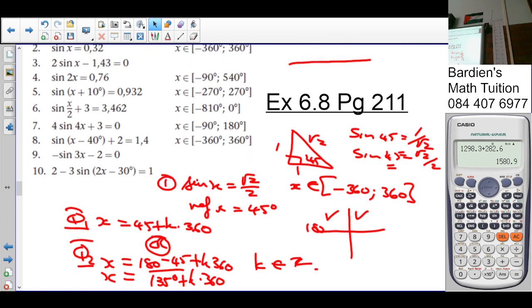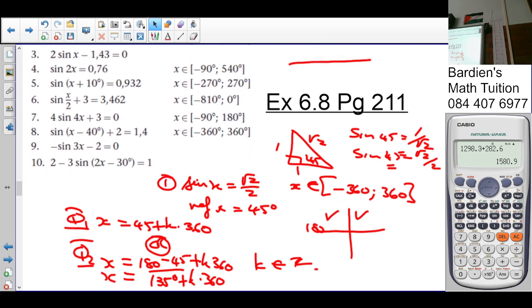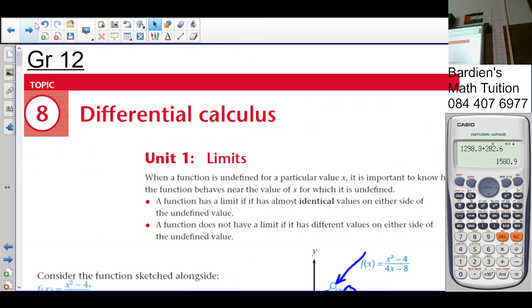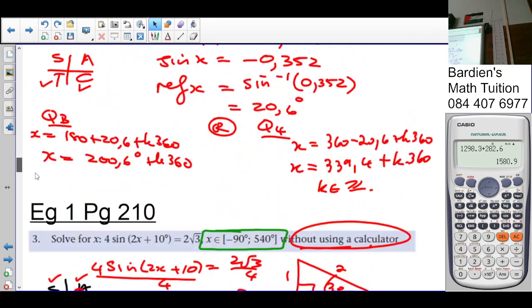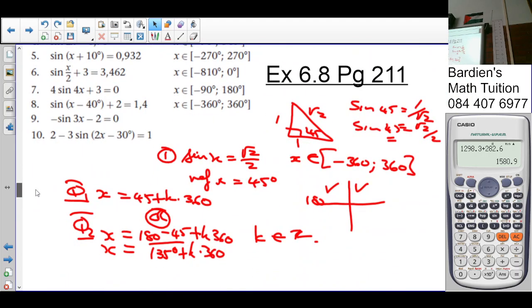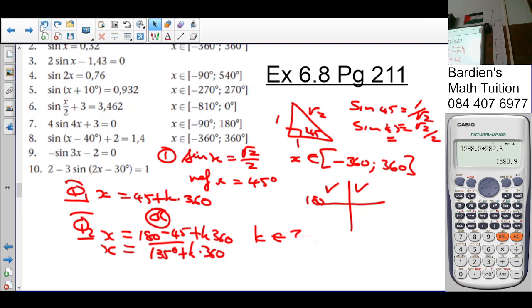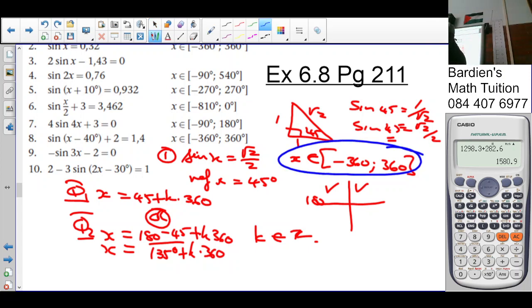That's number 1. Let's look at number 3. Whoops, I'm forgetting something. They gave a restricted domain on the sum. We are told that x is an element of negative 360 to 360.